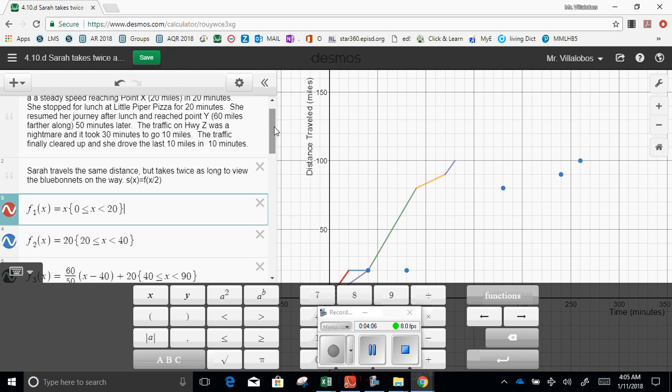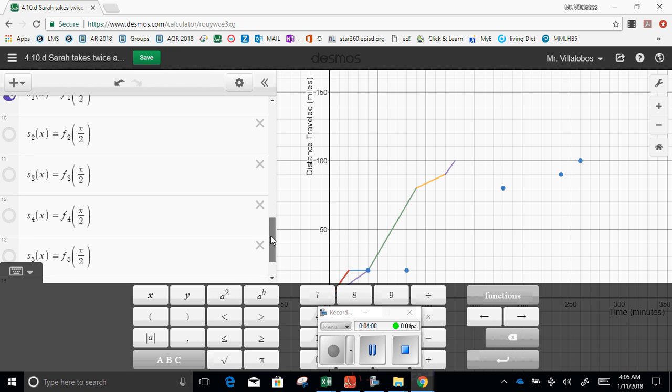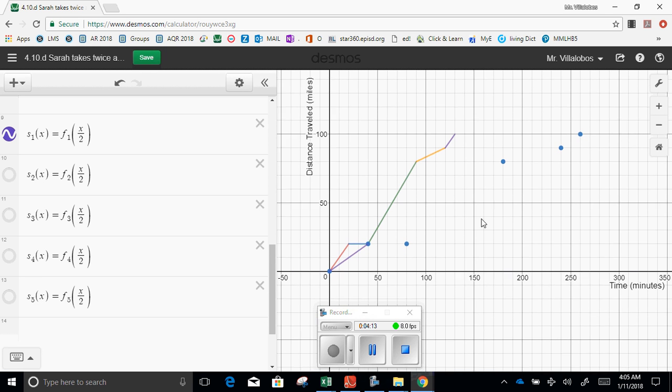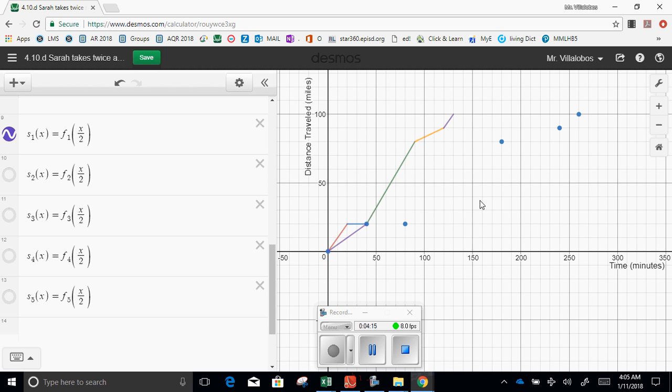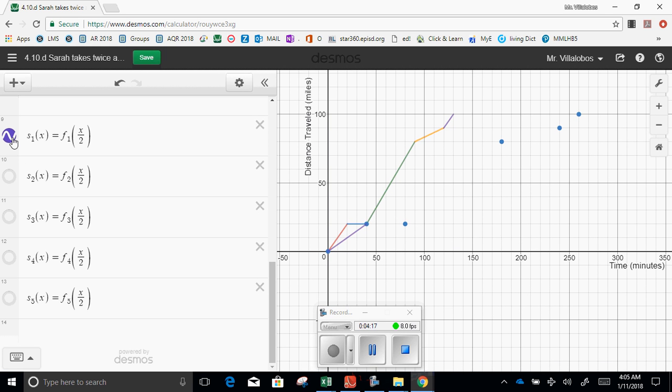Well, I'll leave it be for now. Let's see. So here they are. That's the first piece. Move it up a little so you can see that, and it should be red, because that red piece now takes twice as long, reaches the same height.